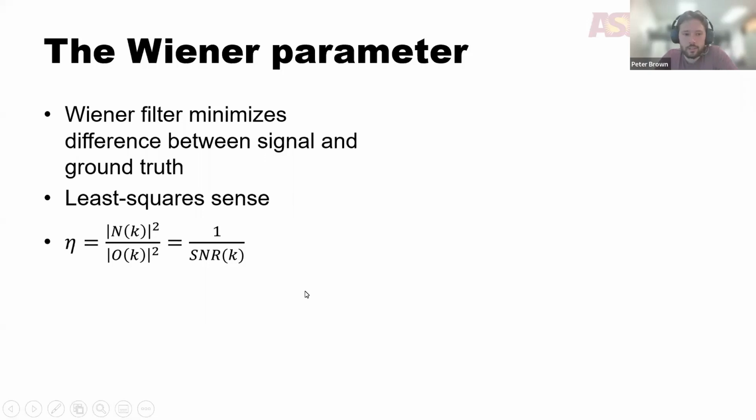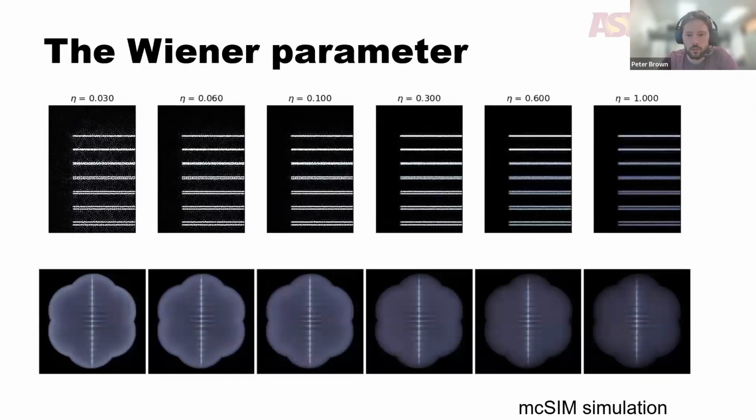So this is why typically in SIM reconstruction, we set eta in a phenomenological way instead of using this more principled approach. Although that's not to say there haven't been attempts to estimate the signal to noise ratio in a more principled way.